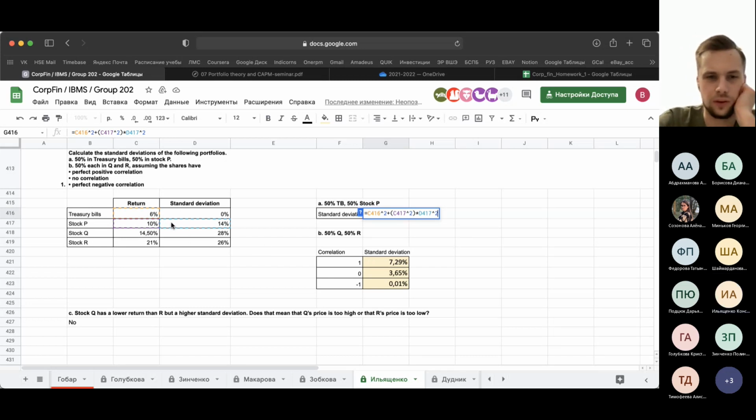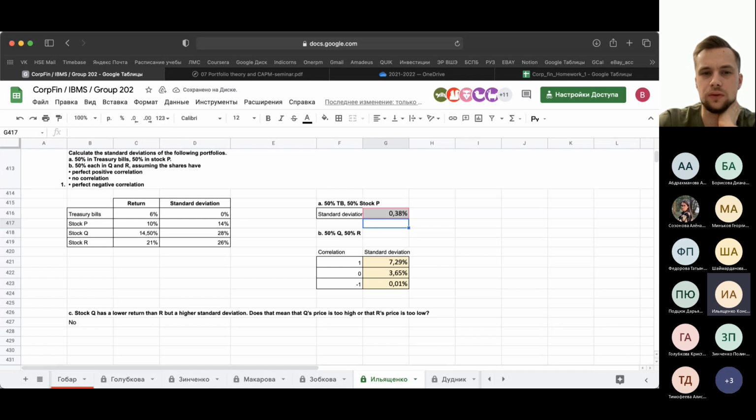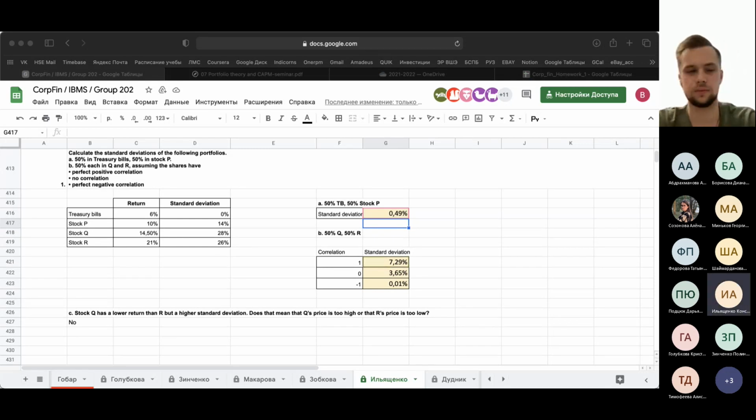Well, let's look. So you have the return squared, and why should you use the return? Only the share. But also return. Why do we have return here?